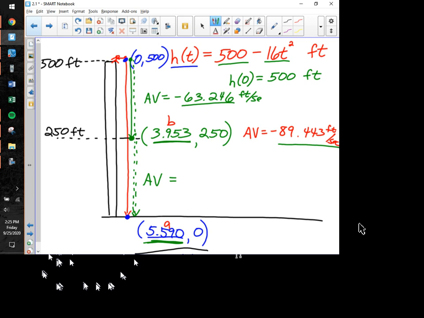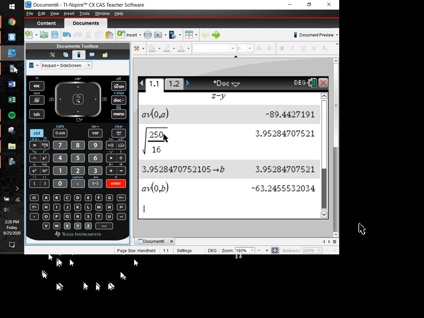This is when it's traveling the fastest. So I have to be careful about how I say this. The speed of this object should be greater than either speed we have found before. It should be greater than 89.443. But be careful, because all of our velocities are negative, the velocity actually should be less than negative 89.443. So let's punch it in and see what we get.